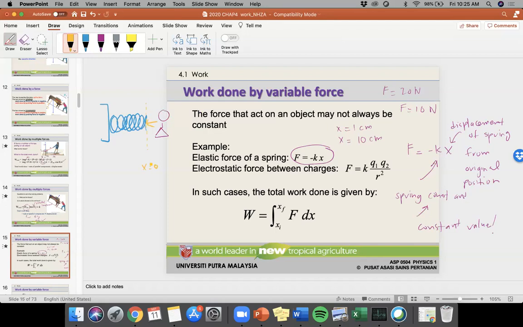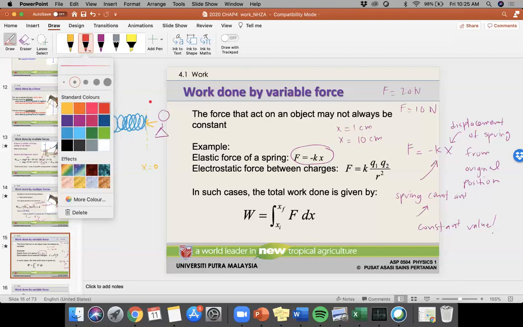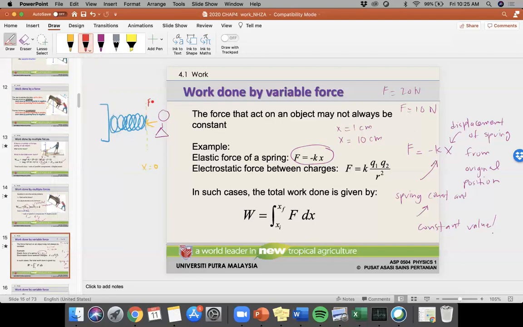Original position is zero displacement, right? I decide to push my spring, or compress it. When I compress it, I'm pushing it with a force. So this is me applying F applied. I will call the pushing force F applied, 20 newtons. That is F applied.